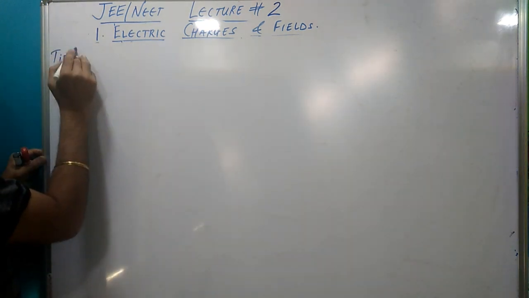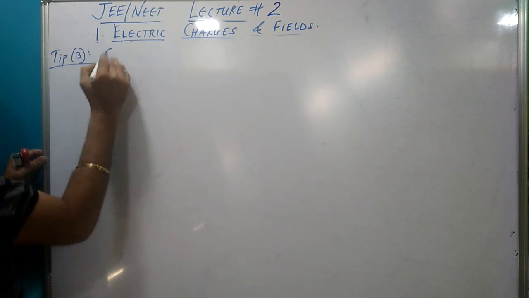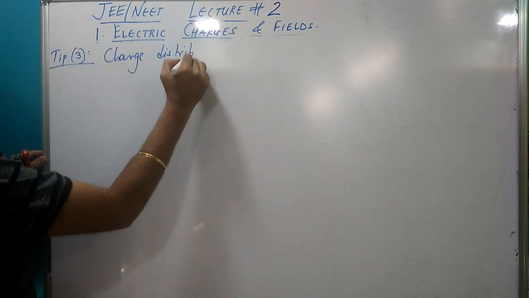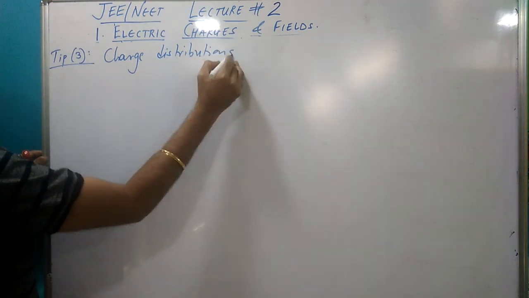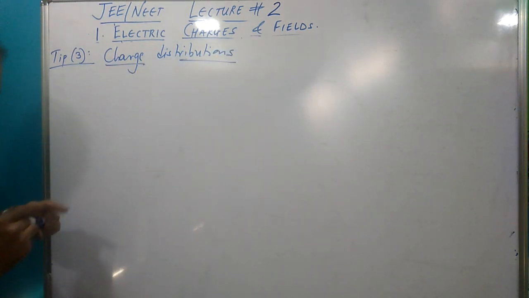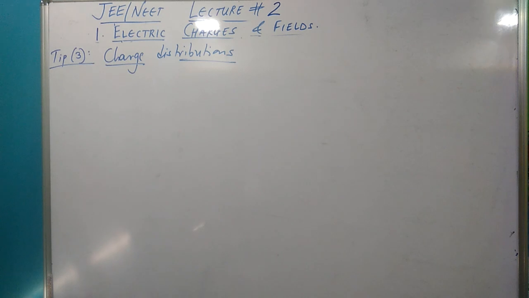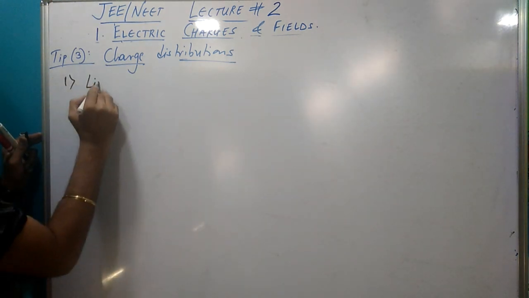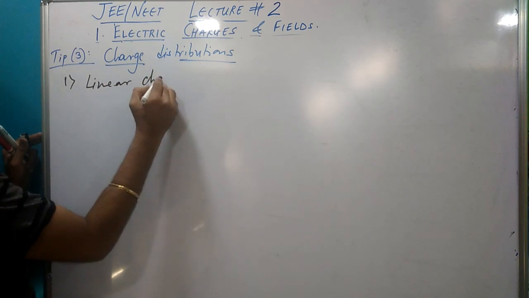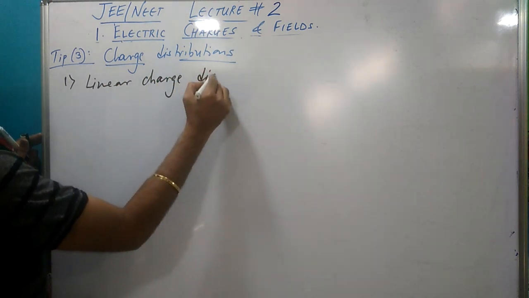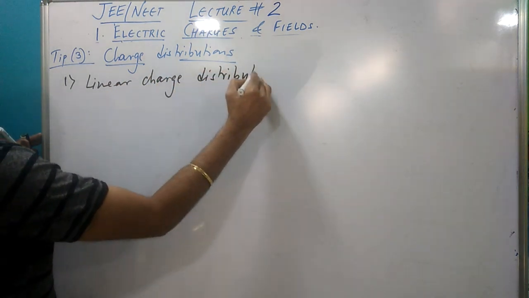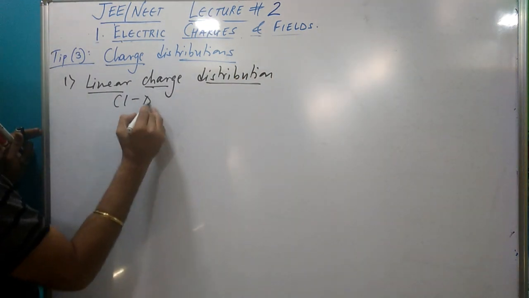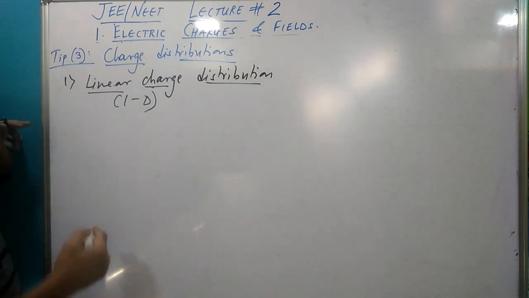So this is tip 3, charge distribution. The first is linear. Linear is one-dimensional, single line maybe.